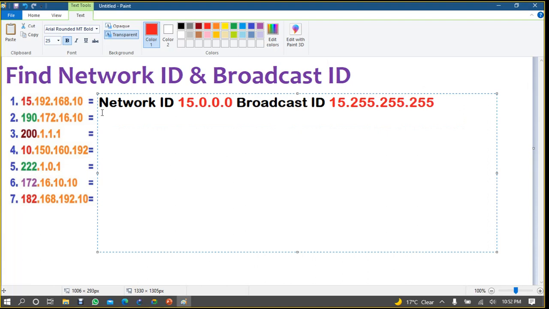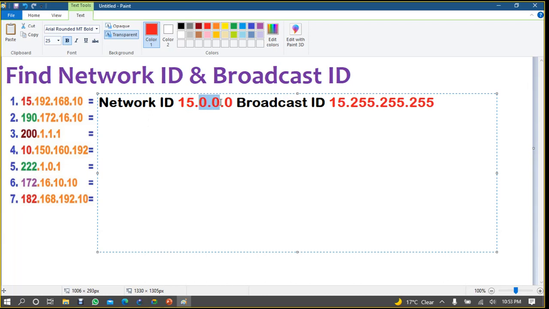As I told you, these all are IP addresses, right? Number one, number two, number three. If this is an IP address, what is the network ID? Means what will be the first IP and the last IP of this network? As you know, this class A IP is 15, so the first octet is network.